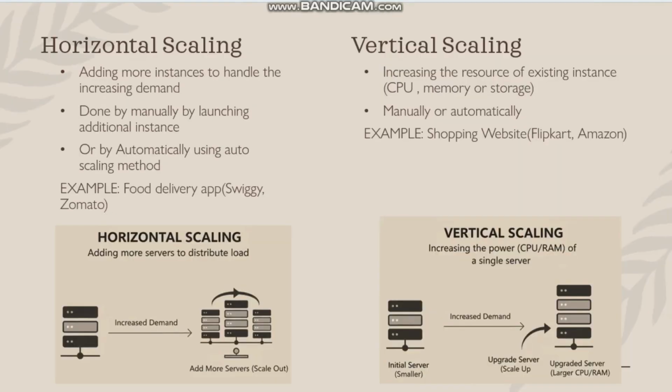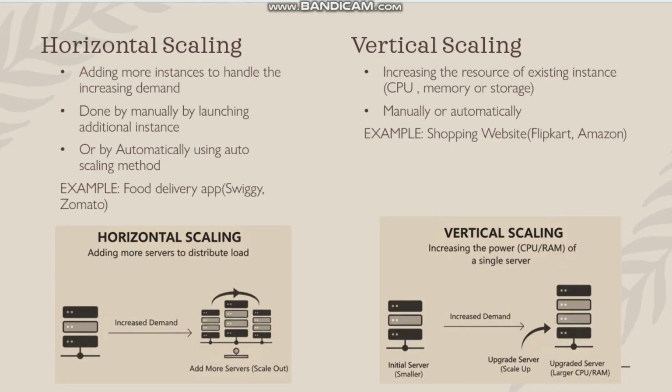There are two types of scaling. One is horizontal scaling and another one is vertical scaling. In horizontal scaling, according to the demand, we are adding more instances to handle the traffic. It can be done manually by launching additional instances, or automatically using the scaling method.